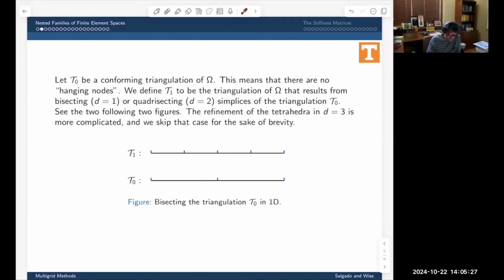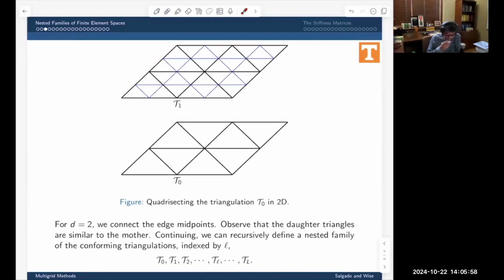So you can see that I obtain from T0 this triangulation T1 by adding these bisection points. This element gets bisected here to create two child elements from this parent. This parent element creates two children through bisection, one here and one here. And they're similar clones of each other. How do we do this in 2D?